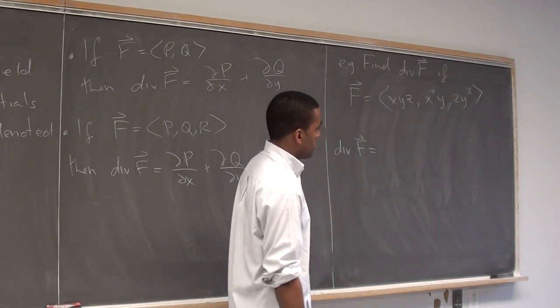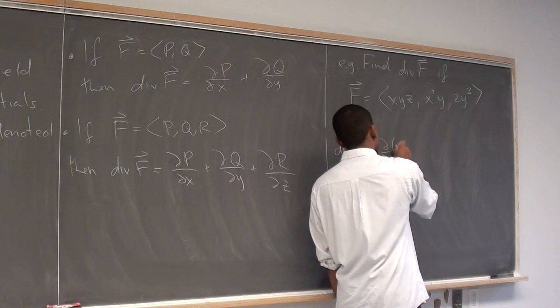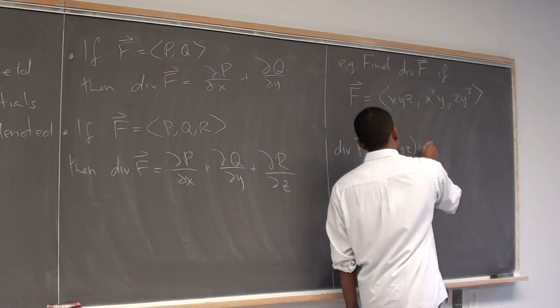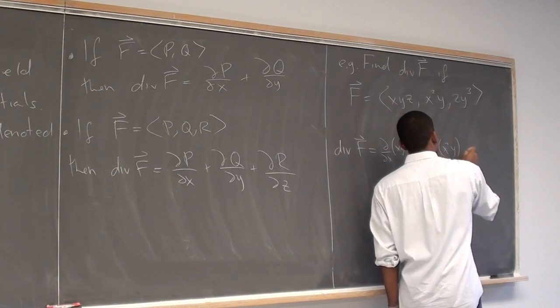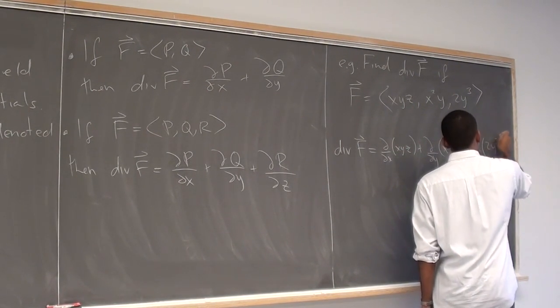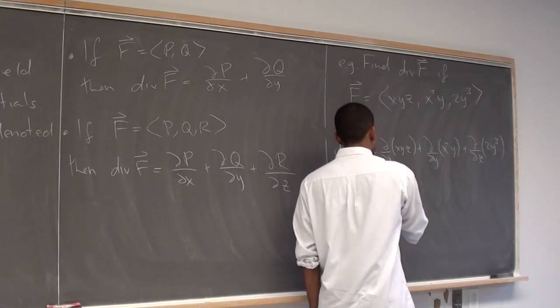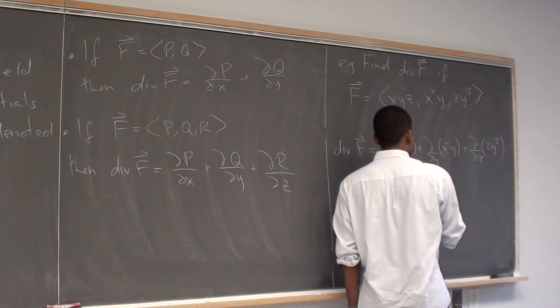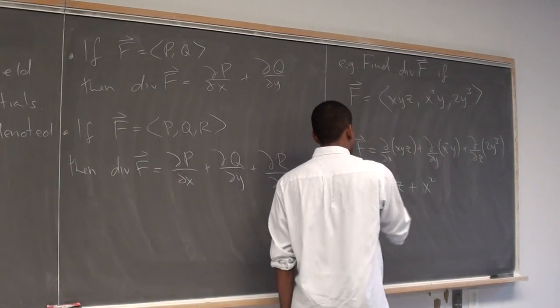I can write it out. The partial with respect to x of xyz, plus the partial with respect to y of x squared y, plus the partial with respect to z of z cubed. Plus 0. That is the divergence of this thing.